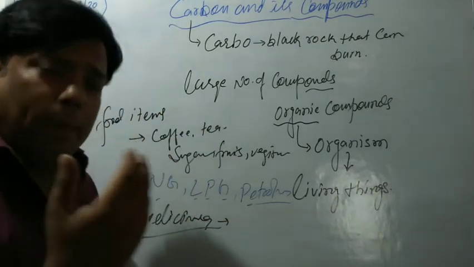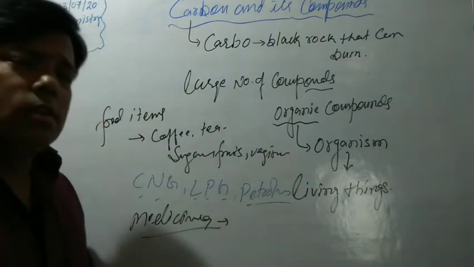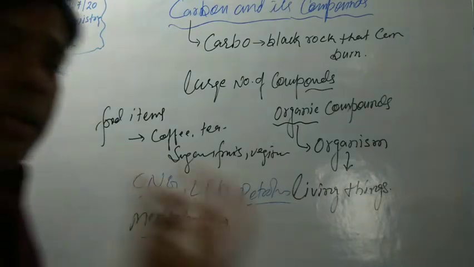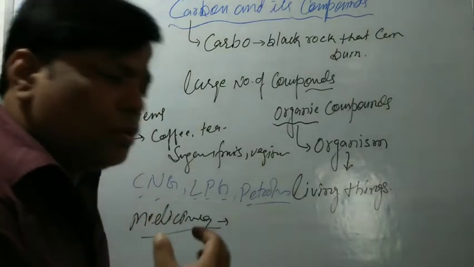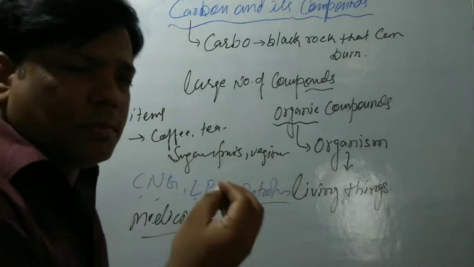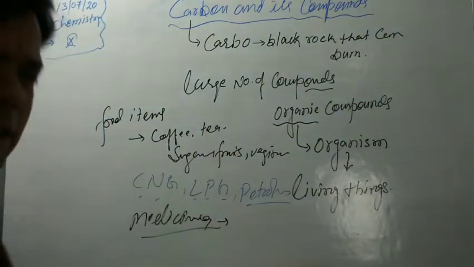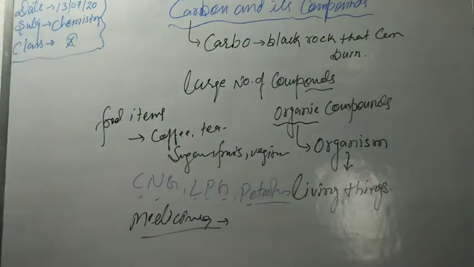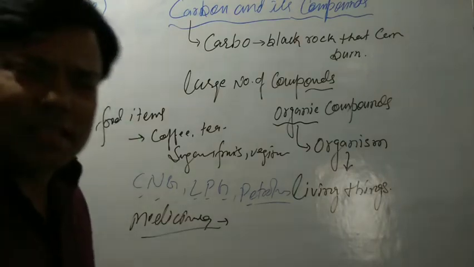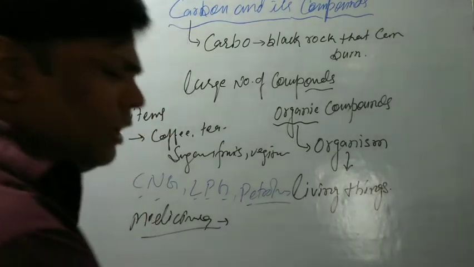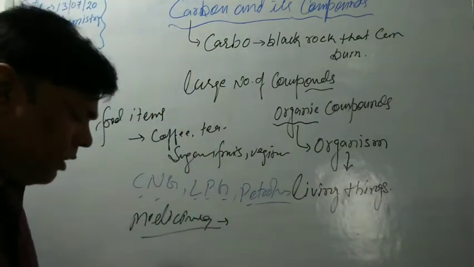Some are antibiotics, which are used to kill unwanted microorganisms in our body, in fungal infections and many other infections. Some are antacids and antiseptics. These all are carbon containing compounds.